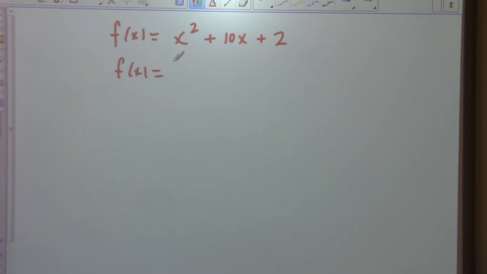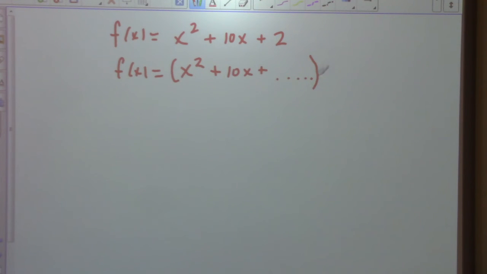equals, and you put an opening parentheses, and you put x squared plus 10x. And then we're going to have plus blank. I'm going to make a little dotted blank down here.